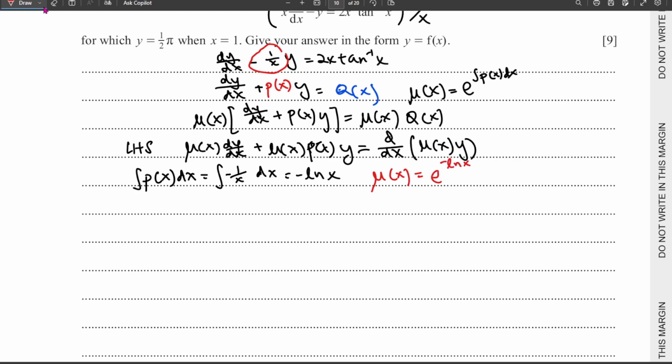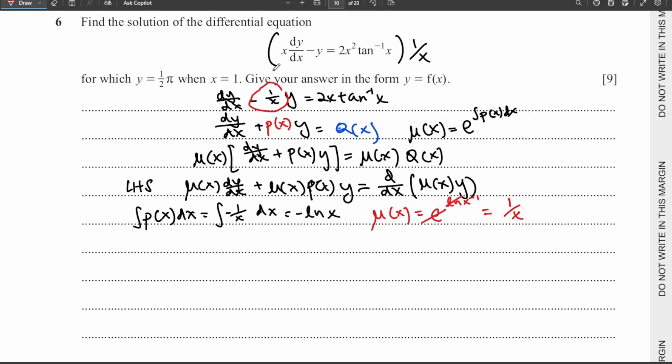Of course, this negative, I can raise it to the power of x using the logarithm rules, right? So the negative in front, I'll raise x to the power negative 1, which gives me just 1 over x, because the natural log and the exponential cancel. So this is my integrating factor, which I will multiply both sides of my equation with.